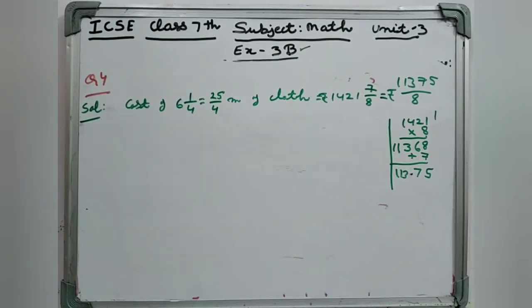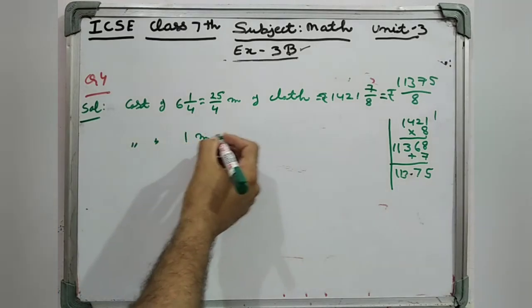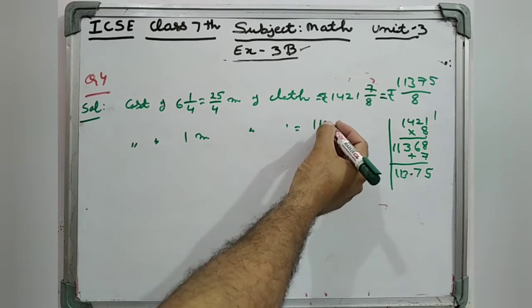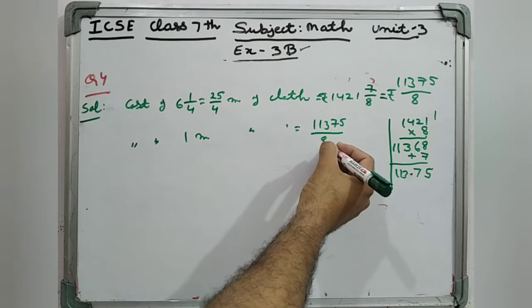Now find the cost of 1 meter of cloth, that means 11375 upon 8.